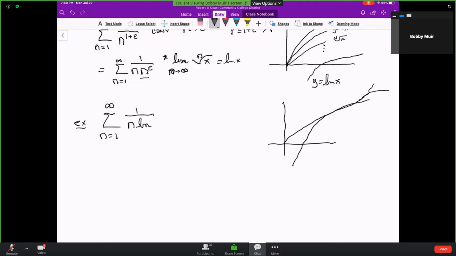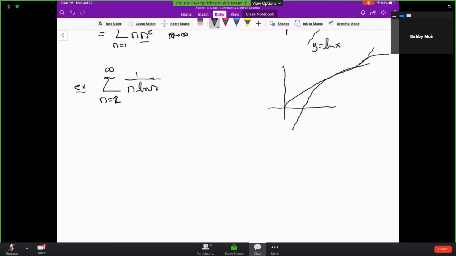is that enough of a bump for the denominator to get big enough so that this is going to add up to something? And of course, we have to start it at 2. So what we'll do is integrate it. f of x equals 1 over x log x. The integral from 2 to infinity of 1 over x log x dx.